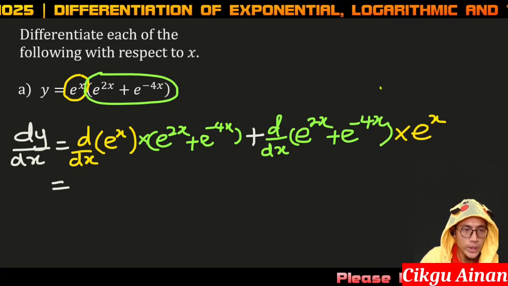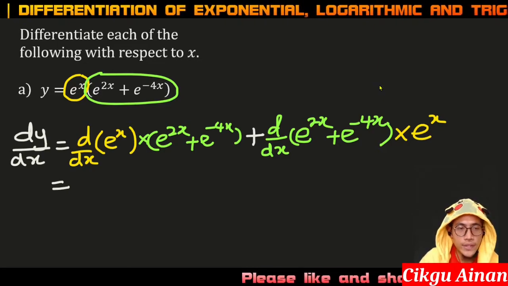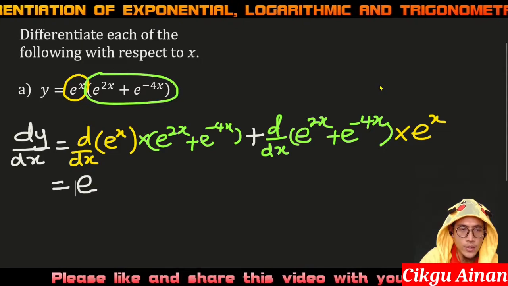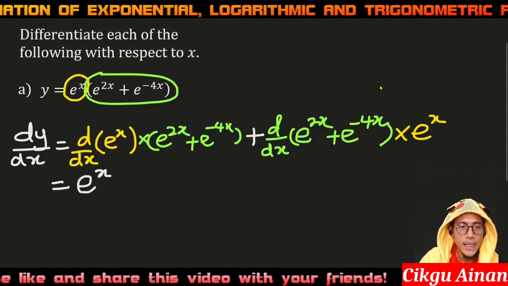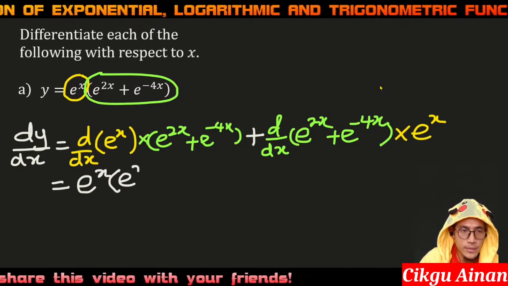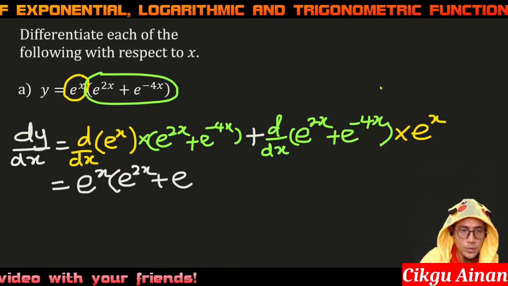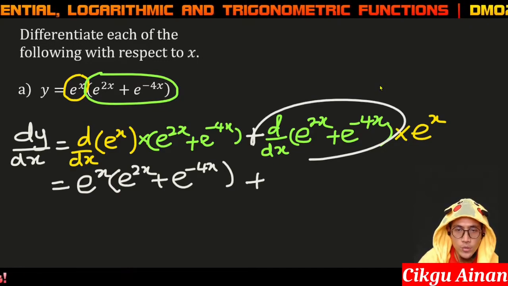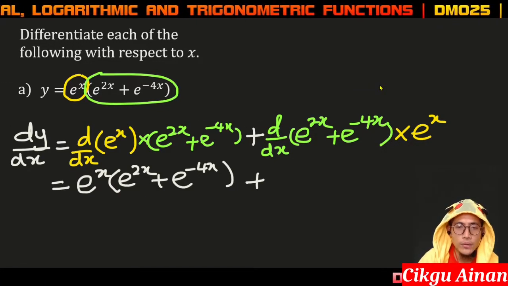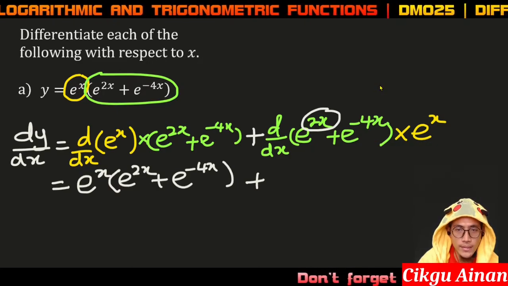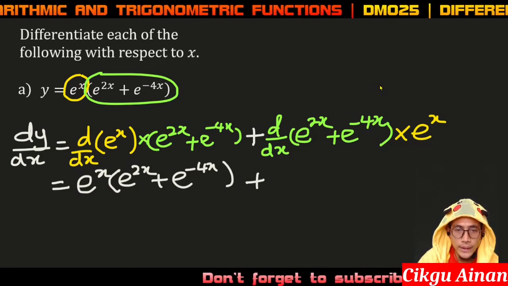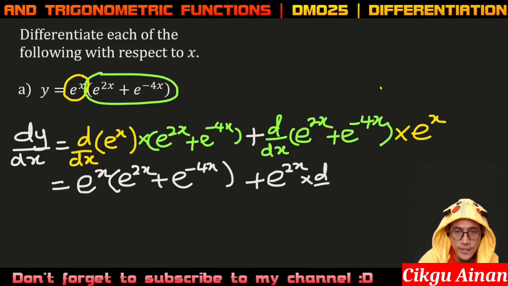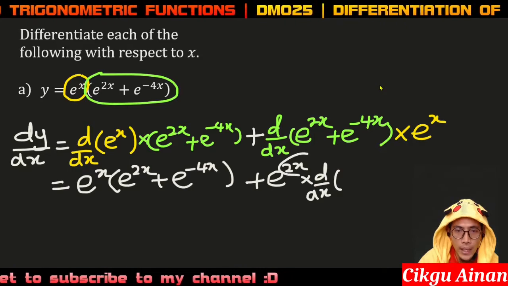Now, we can proceed to the next step. Differentiate e to the power of x with respect to x is e to the power of x itself. Then we multiply with the green one, plus e to the power of minus 4x. And then plus, we differentiate this one this time. So how to differentiate e to the power of 2x? We copy everything to x, and then we multiply by the differentiation of the power.